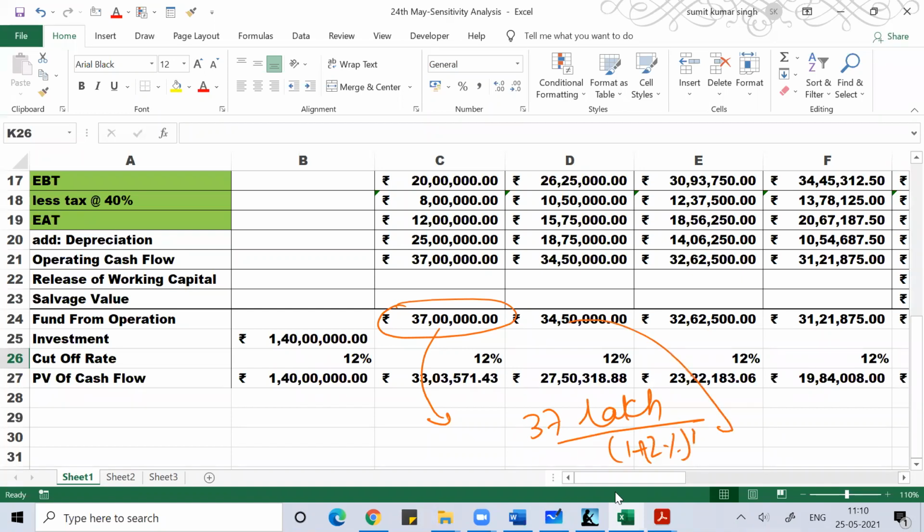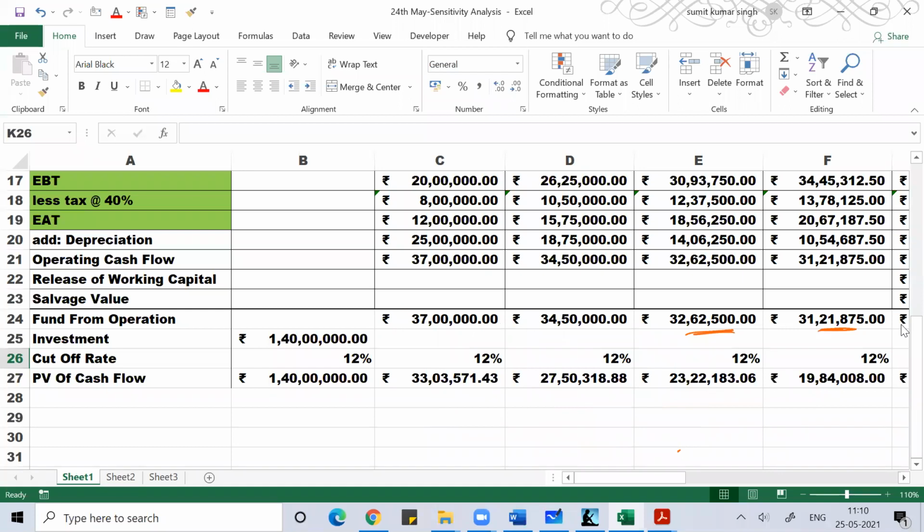What is the present value of this? 34.5 lakh divided by 1 plus 12% to the power 2. To the power 3, 4, 5, like this. Every year, I simply found their present value. Anyone, any doubt? Please ask me if you have any doubt.